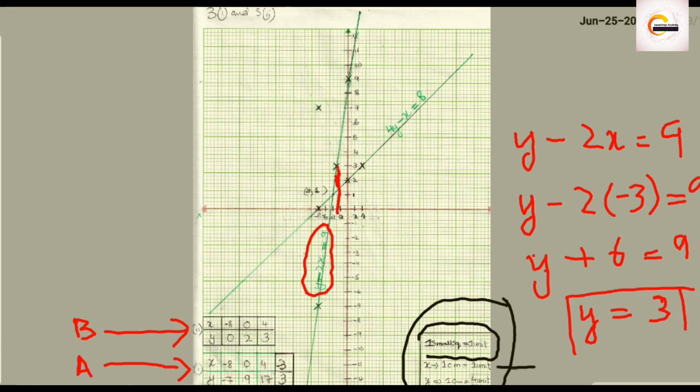So the value of y is 3 and the value of x is minus 3. It's confirmed. So I have found another point that is easy to plot on the graph, to get 3 coordinates.